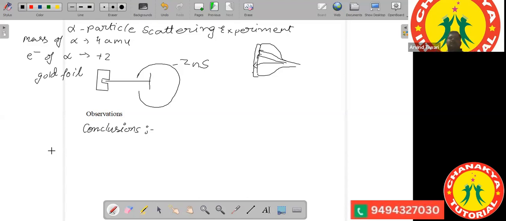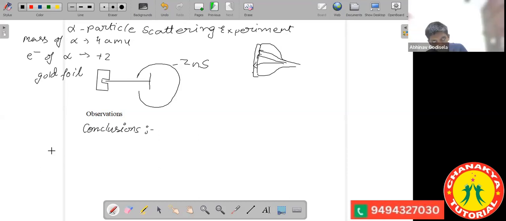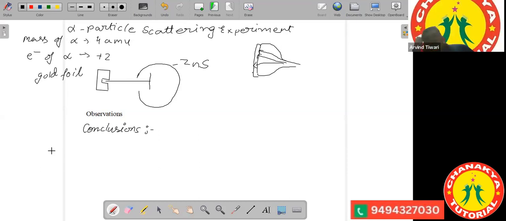I asked Abhinav. Yes, sir. Okay. So the first observation was that most of the alpha particles went straight. So what did we conclude from it? What decision do we arrive at? If most of the alpha particles passed straight, what was the conclusion drawn out of it?